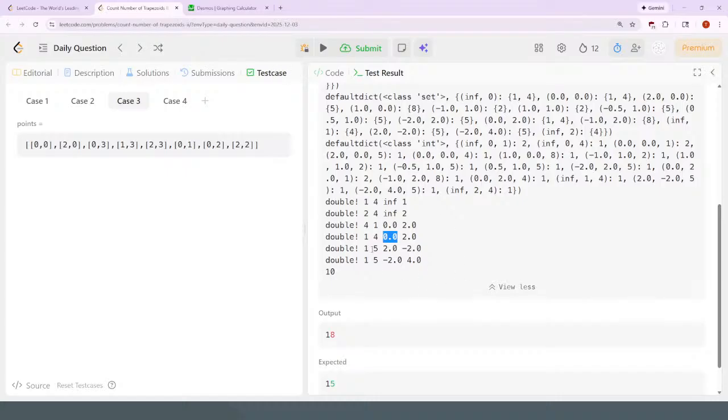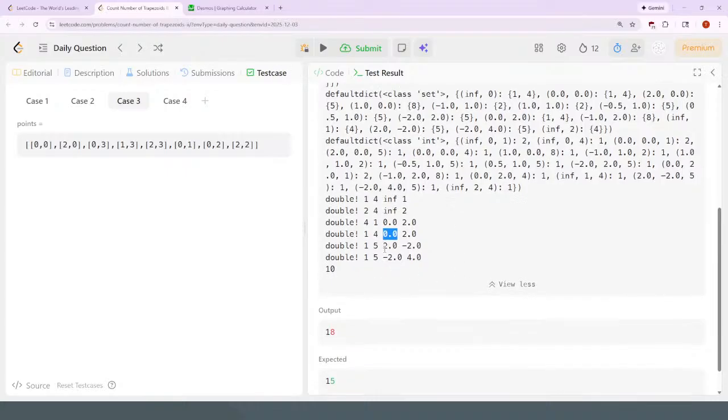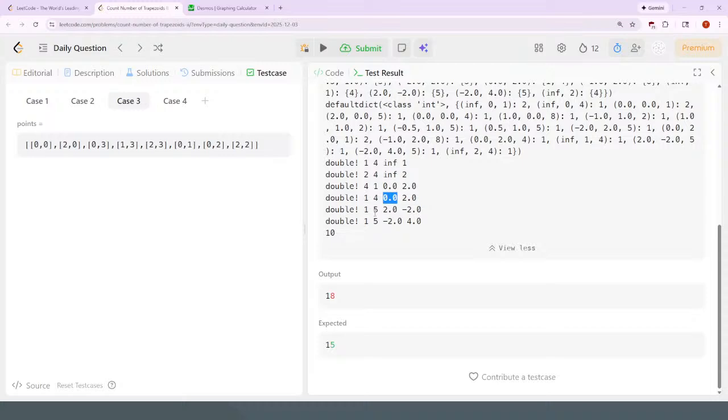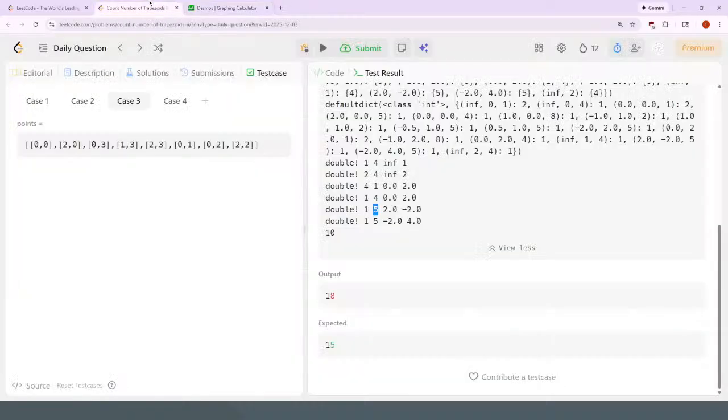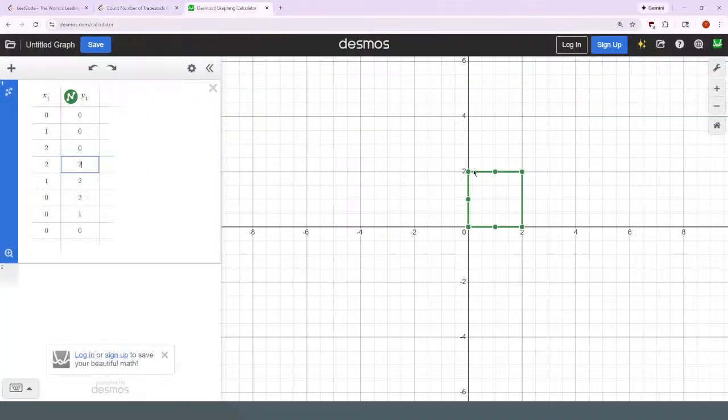Seems fine. Then distance squared is 5, slope is 2. So these two. That's fine. And then -2 slope, so these two.